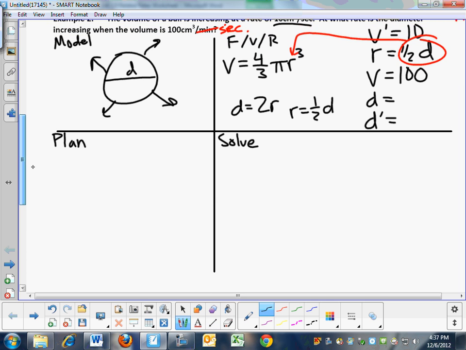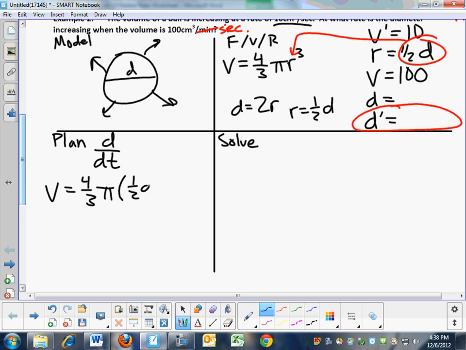Then I'll have an expression that involves d. And I can hopefully solve for d prime, which is what I'm looking for. Again, I'm looking for d prime. That's why I did that. That's my plan. Take the derivative with respect to time. And I'm going to use the formula V is equal to 4 over 3 pi times 1 over 2 d cubed.